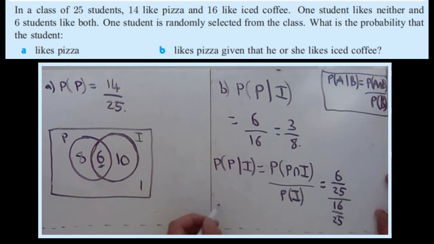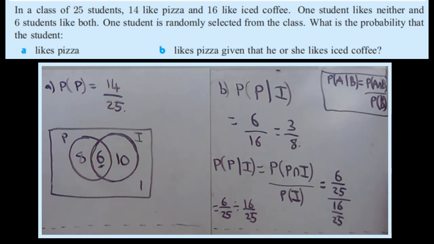So it will be 6 over 25 divided by 16 over 25. And you know that to divide by a fraction, you times by its reciprocal. So that would be 6 over 25 times 25 over 16, which would still give you 6 over 16, 3 over 8.